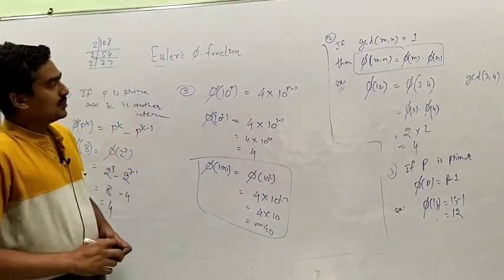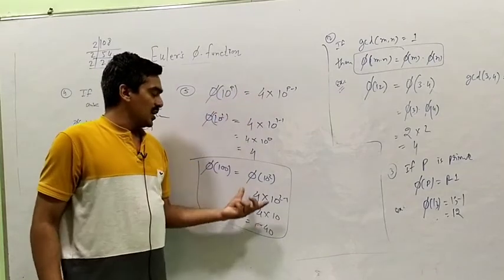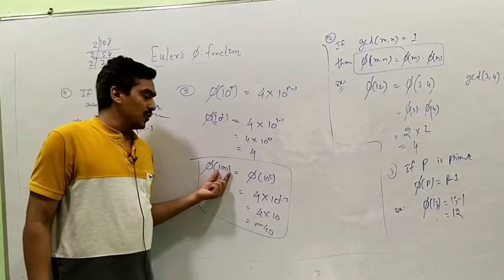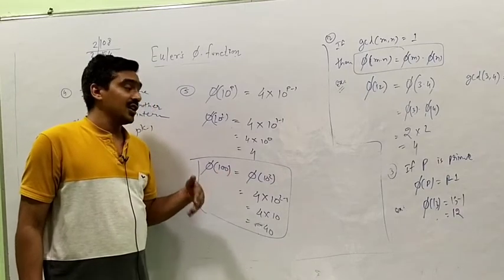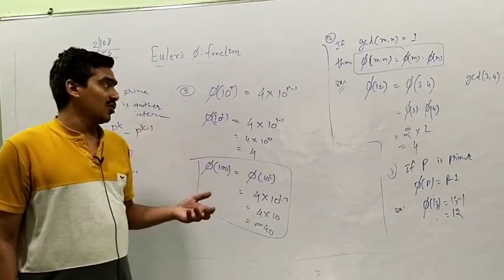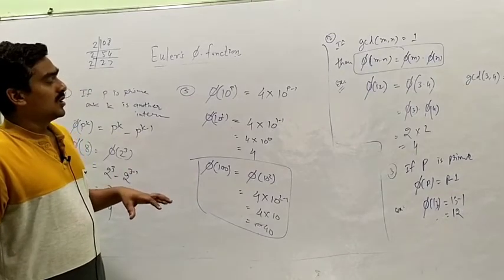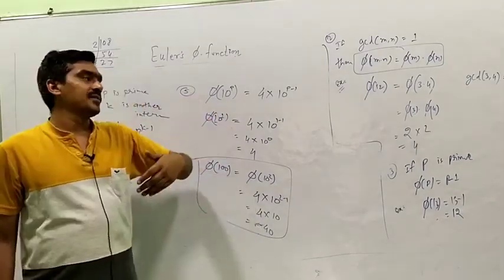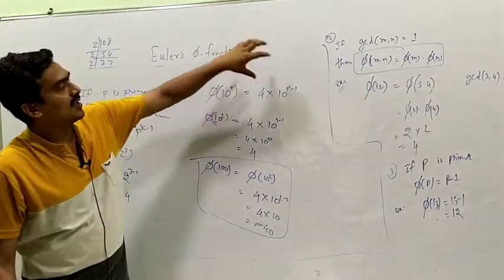With this formula we can calculate for all numbers using tens, 10, 100, 1000, 10,000, all the numbers in multiples of tens. For this we apply this formula.